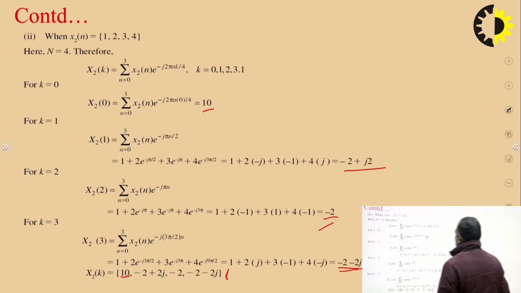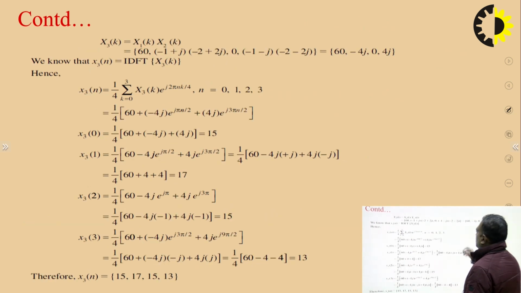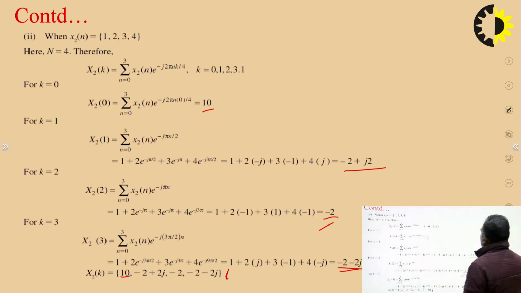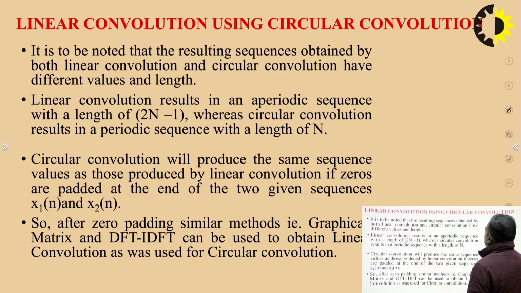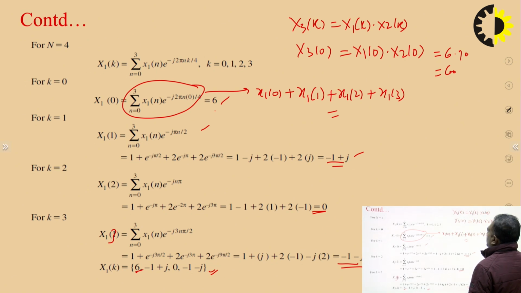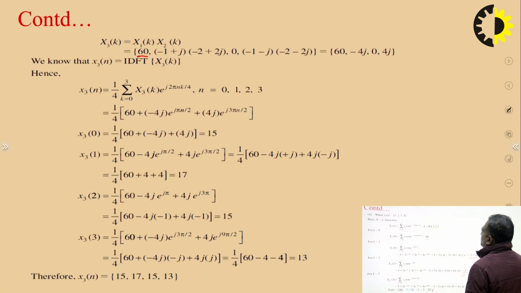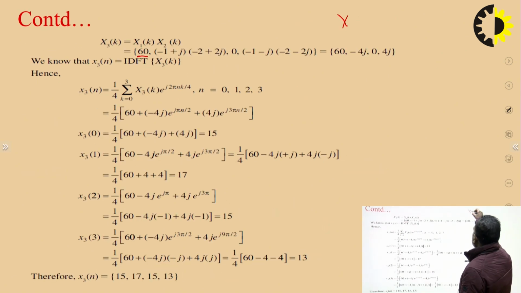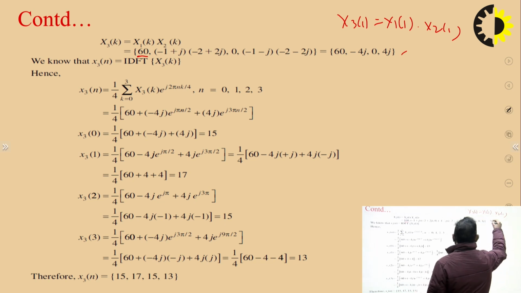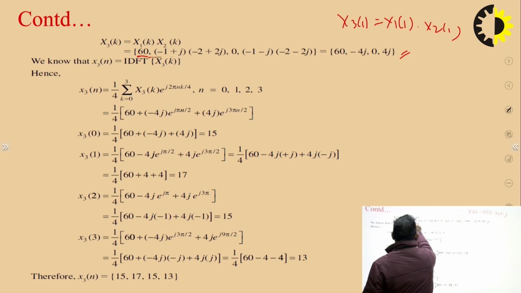That's why you can see here the value is 60. Similarly you multiply the other values, like X3(1), which is simply X1(1) into X2(1). So this is the value of X3(k) that we have obtained.